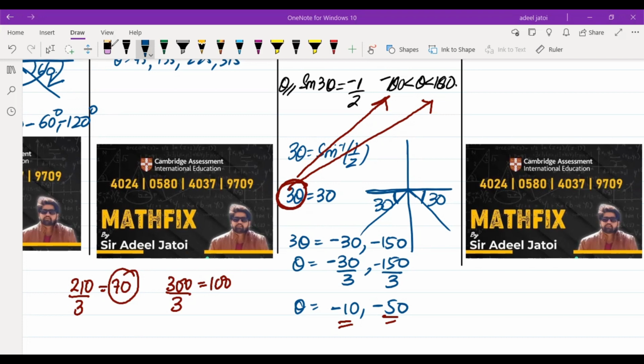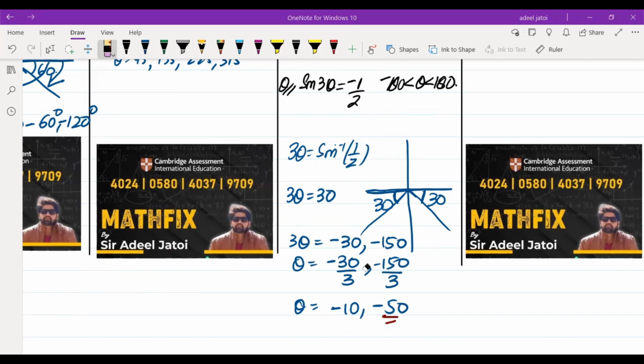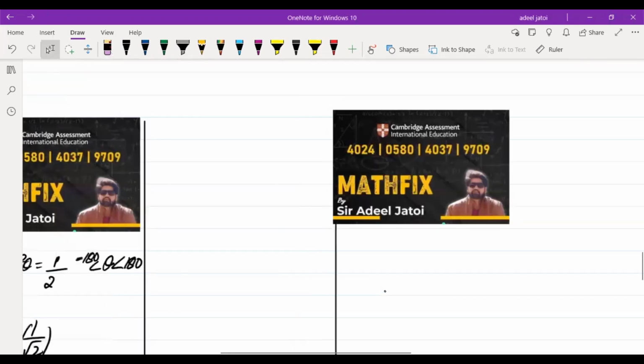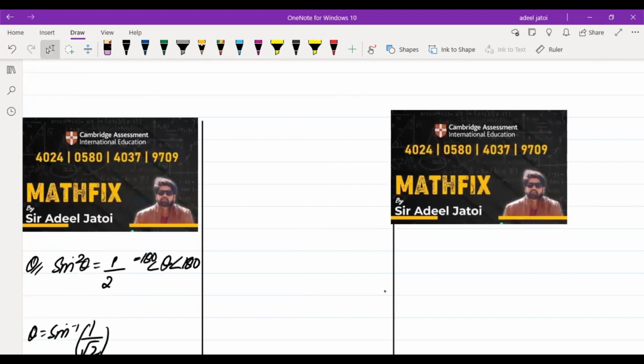With that respect, what we can see is that due to 3 theta, we know one thing: your domain was theta greater than minus 180 and less than what? 180 degrees.